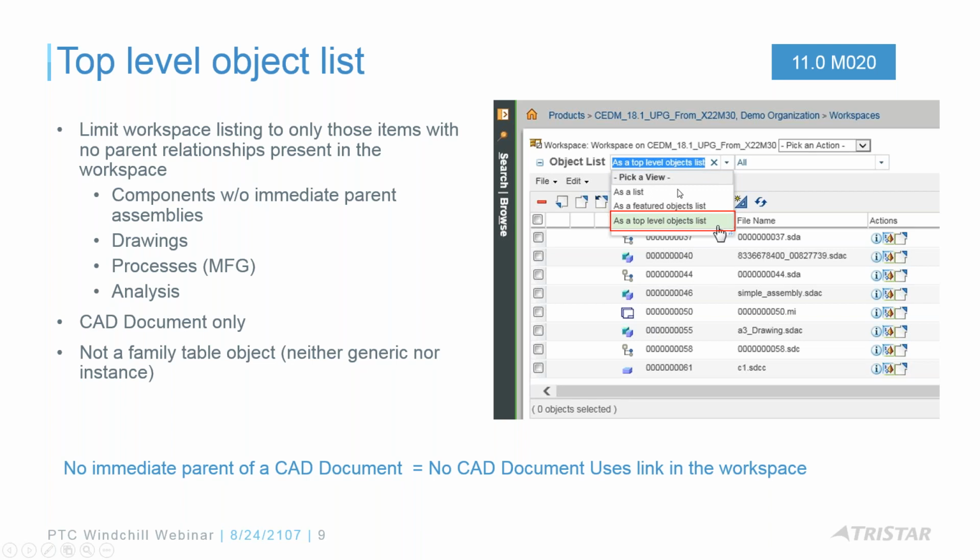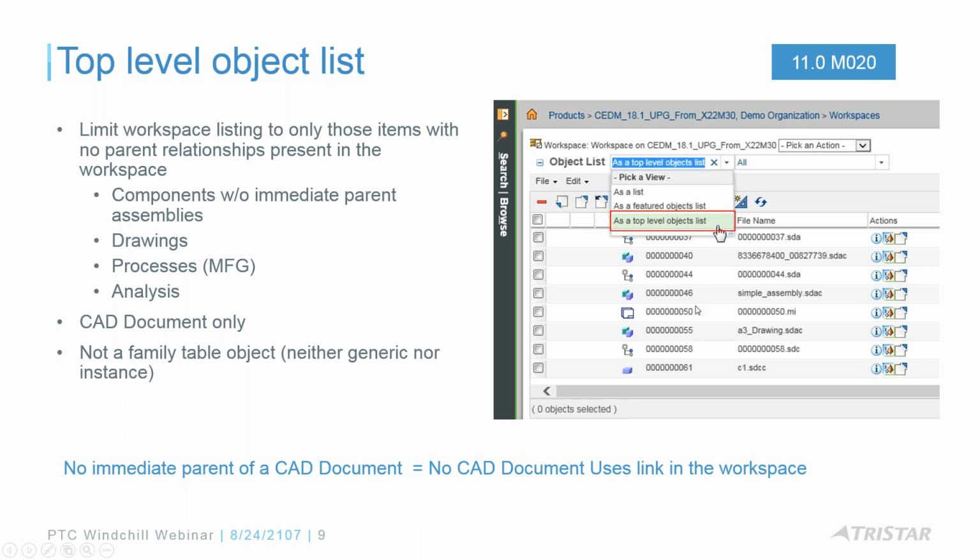So in the past, you had the ability to create table views and sort this table and so on. And if you had hundreds of family tables, they would have to be also displayed in the workspace, so you're just kind of scrolling back and forth to see the parts that you need. Now, there's a new option in the view pull down called the top level object list.